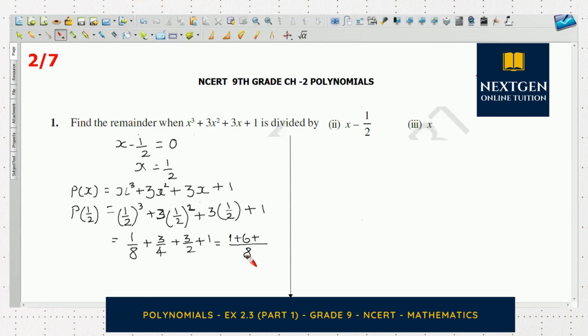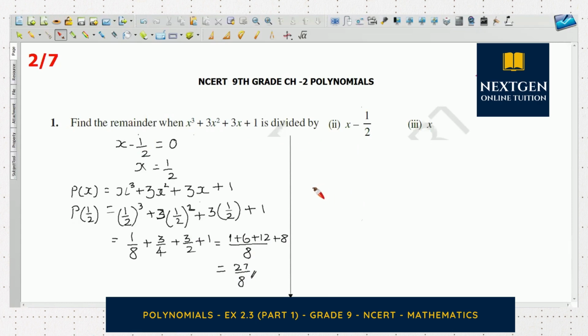Plus 2 times 4 is 8, so 3 with 4 gives me 12. Plus 8 simply, because I have 1 in the denominator. Since I don't have any denominator value, I take it as 1. 1 multiplied by 8 is 8. My final value is 27 by 8, which is my remainder for this subdivision.